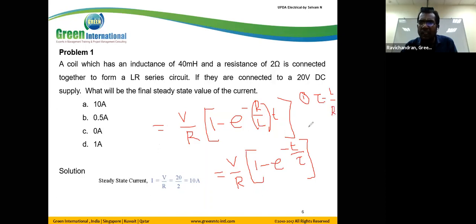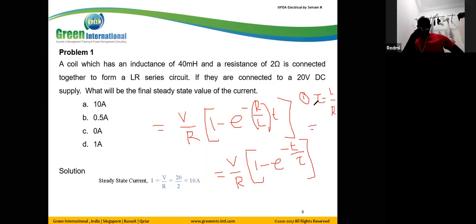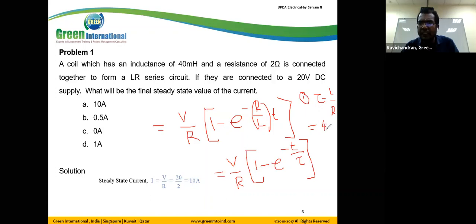L is equal to 40 millihenry, divided by resistance 2. So we get the tau value 0.02 seconds.